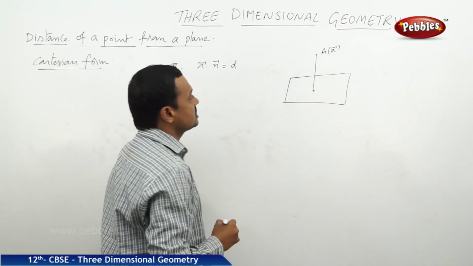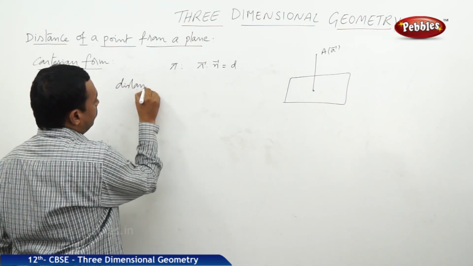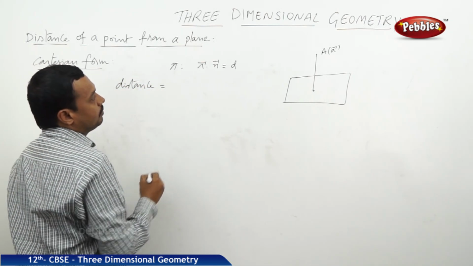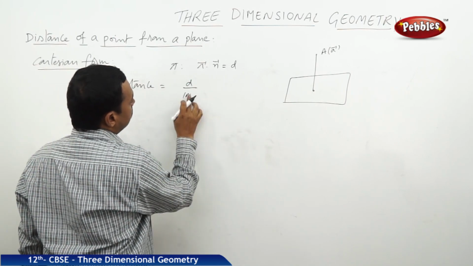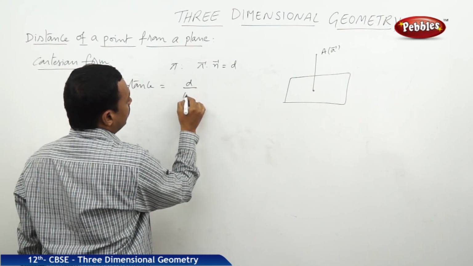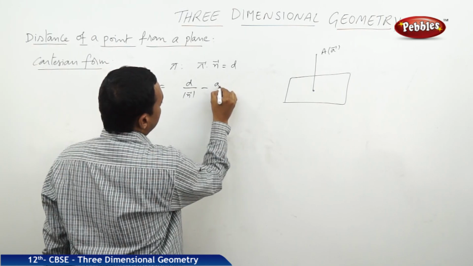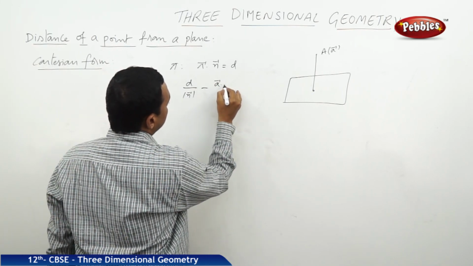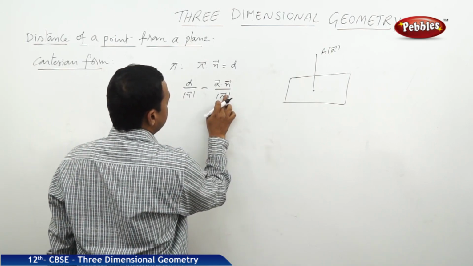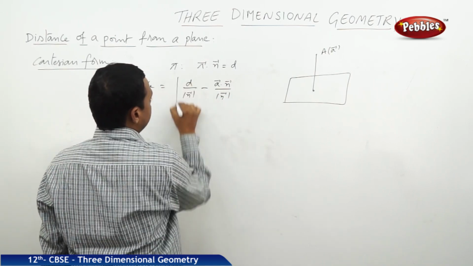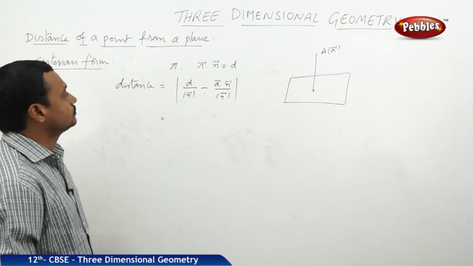Now, this distance is given by D by mod n, modulus of n vector, minus A bar dot n by mod n. So, it is already proved.